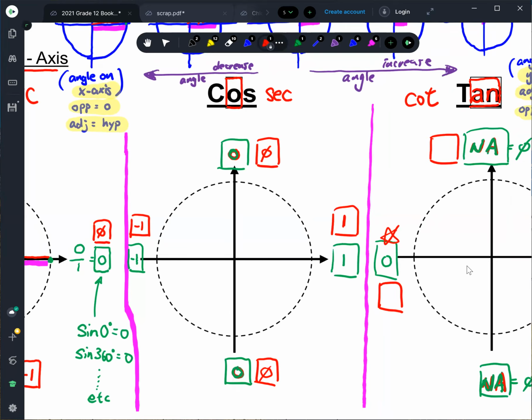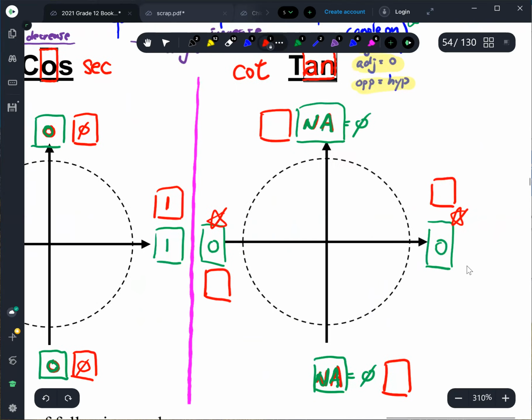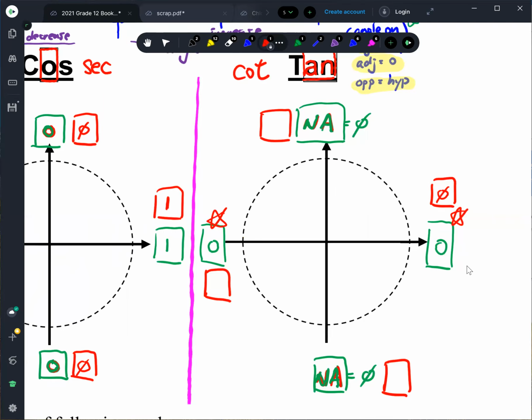Okay, let's move on to tangent now. Start from 0 degree. Lily, what's the first one? 0. We are flipping the 0. When you flip the 0, it should become what? Undefined, okay? 0 and undefined are reciprocals of each other. Caleb, next one, 90 degree. NA. Tangent was NA, right?